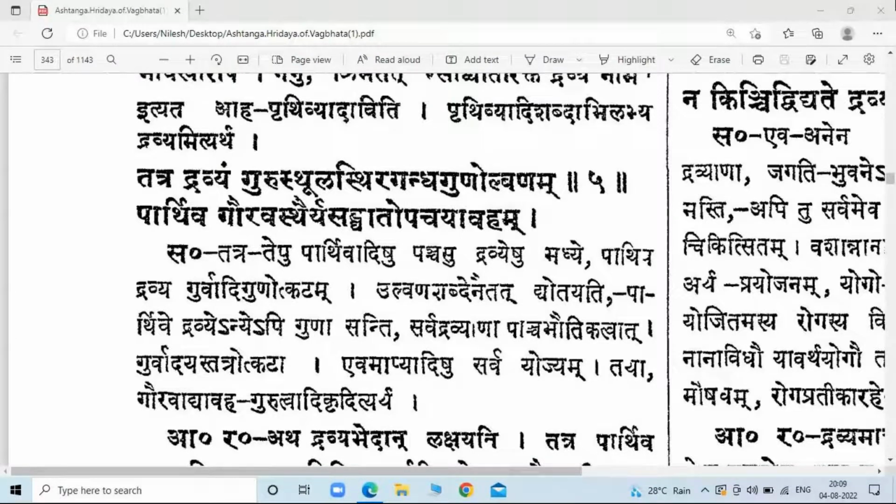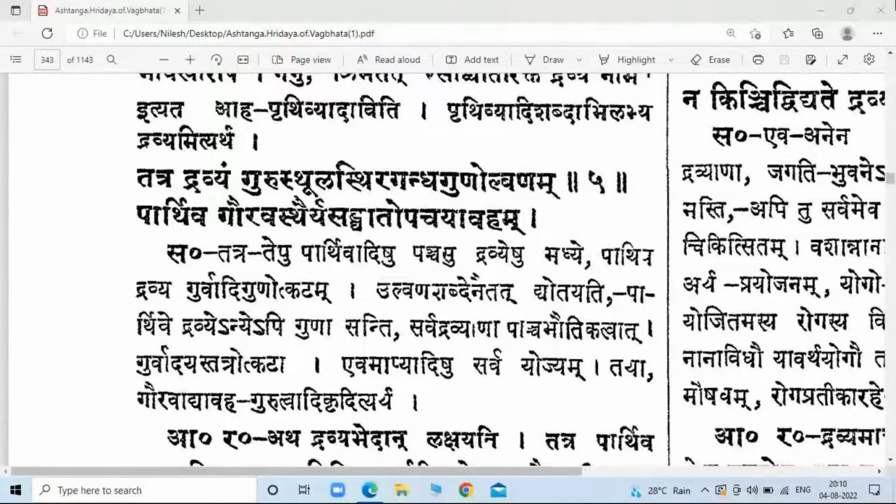Now, from this shloka onwards, we find the explanation of different types of Dravyas. What will be the characteristics of a Parthiva Dravya? What will be the characteristics of an Apya Dravya or Jaliya Dravya? Like that.